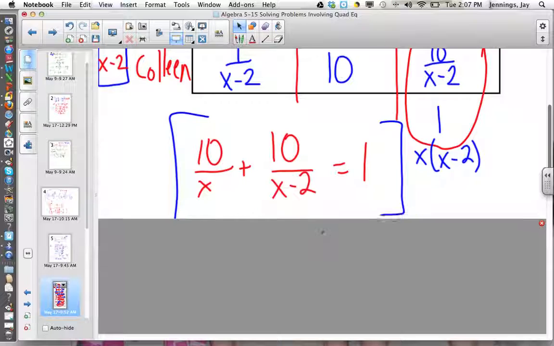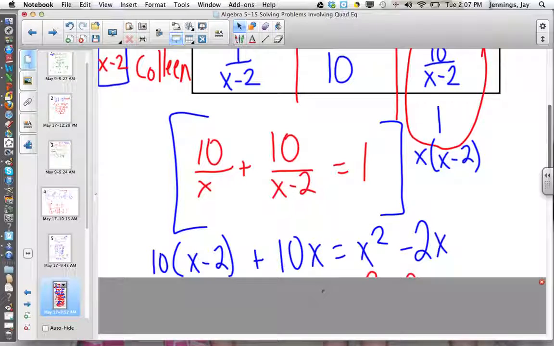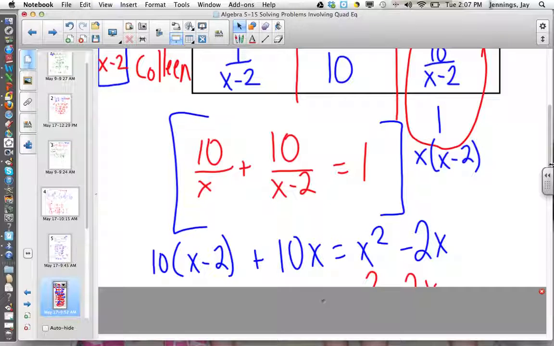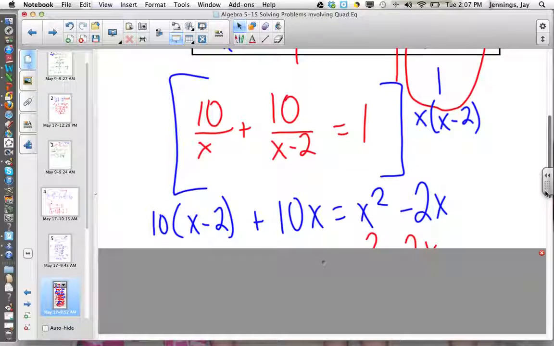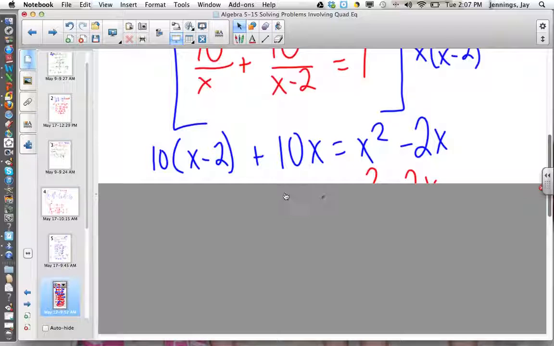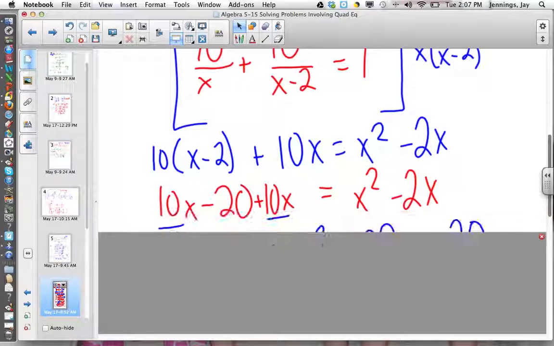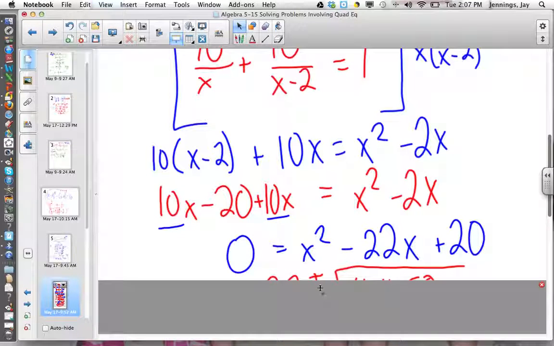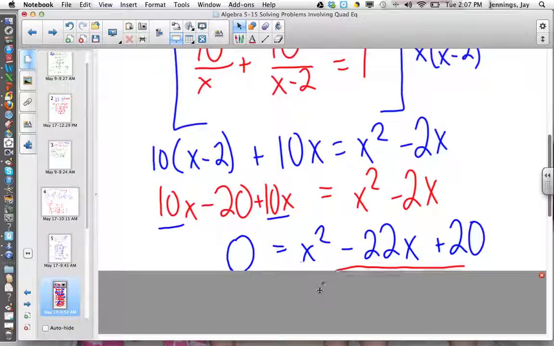And we get this. If you choose a side to group everything on, I think we're going to choose everything on the right-hand side. And so we get x squared minus 22x plus 20. So the question is, is the a term 1? Yes. Is b even?